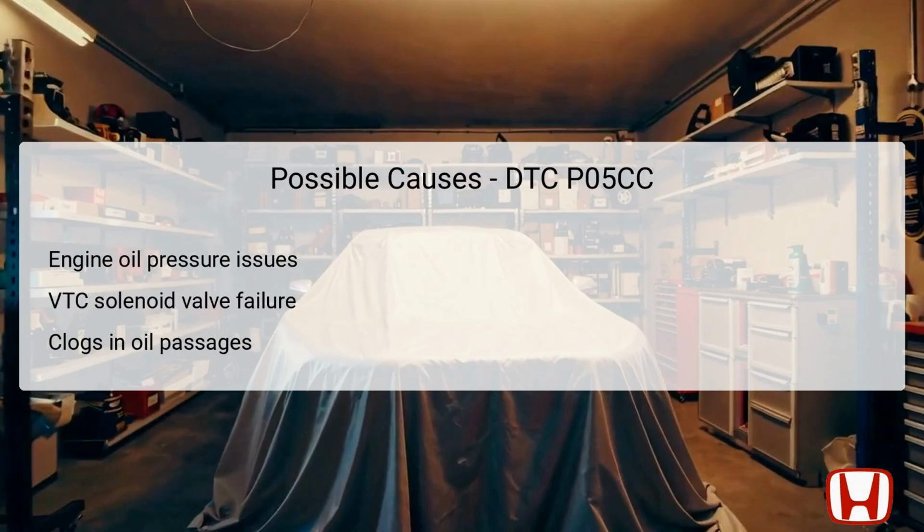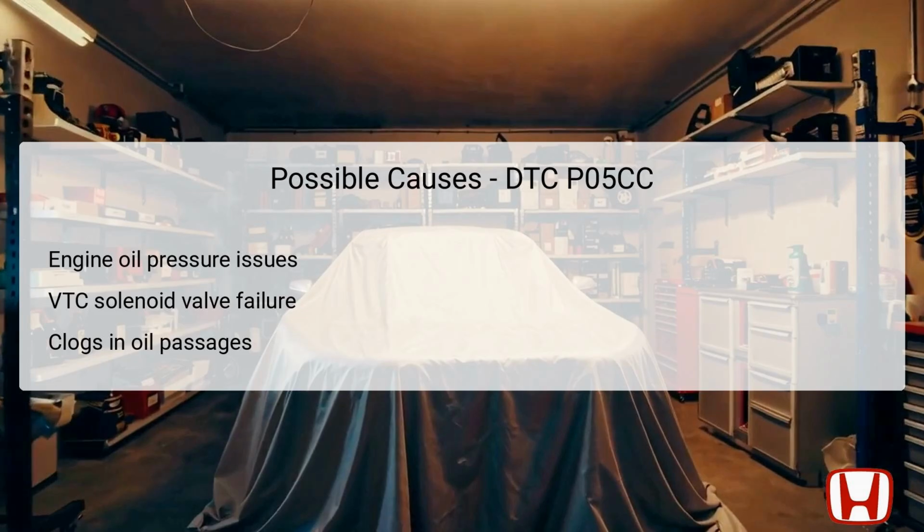There are several potential causes for DTC P05CC that must be evaluated systematically. First, low engine oil pressure can lead to inadequate operation of the VTC system, as the system requires specific oil pressure levels to function properly. Next, the VTC oil control solenoid valve A might be defective, which would prevent it from regulating oil flow correctly to the actuator.